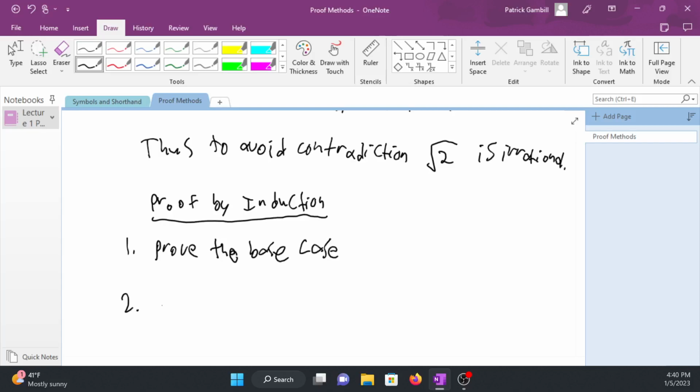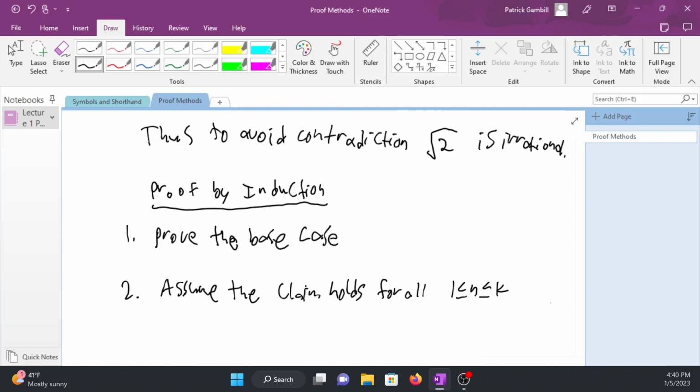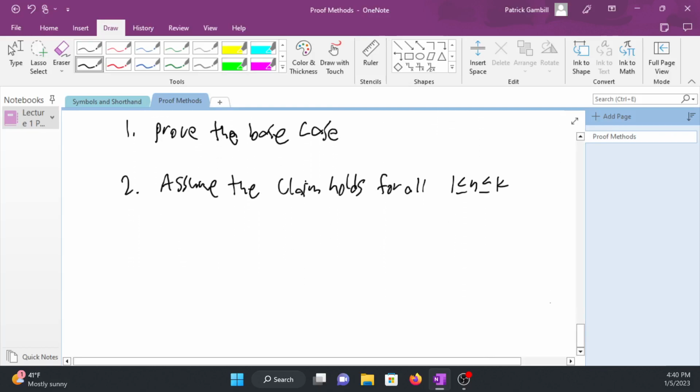Then the second case, you're going to assume the claim holds for all 1 less than or equal to n less than or equal to k. You can pick k whatever you want to. You could say strictly less than rather than less than or equal to. These are all logically equivalent. I'm going to state it this way.